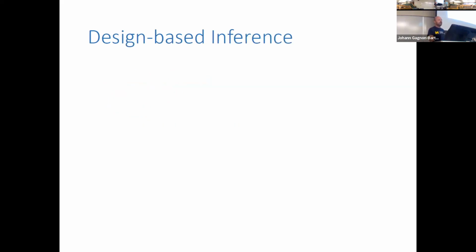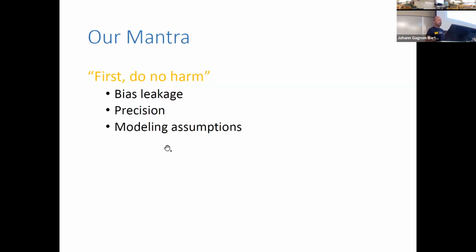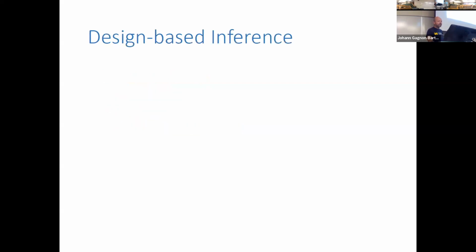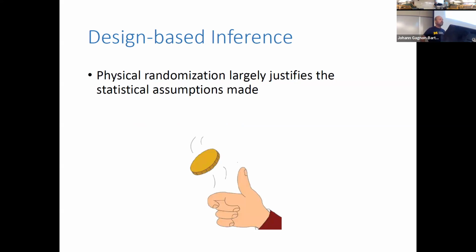Okay, so especially talking about not having any modeling assumptions, and what I mentioned earlier about design-based inference, I'm going to give a couple of slides to say really explicitly what I mean by that. Design-based inference means that it's the physical randomization that largely justifies the statistical analysis.